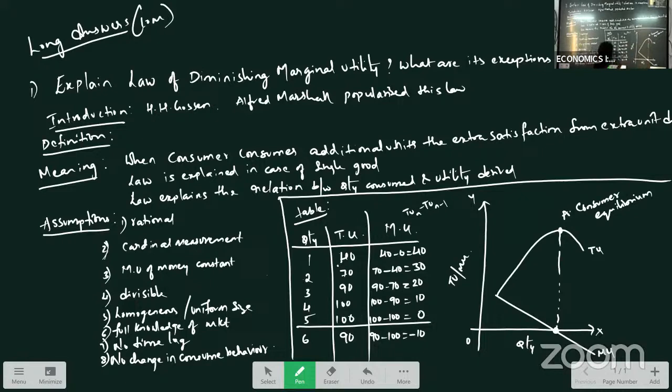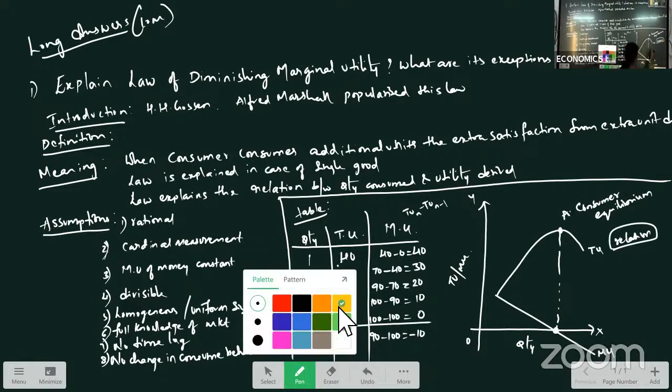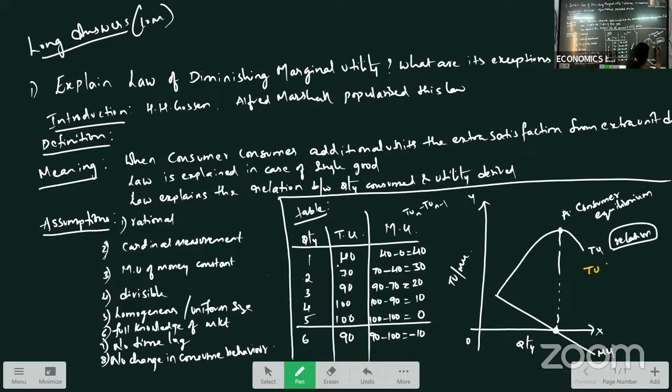Okay, so for this, you have to write down the relation also. What relation will you write here? First point, when TU increases, MU decreases. When our TU is increasing, MU is decreasing.